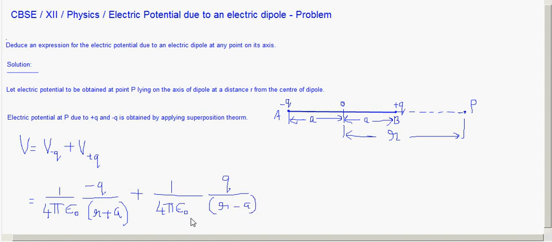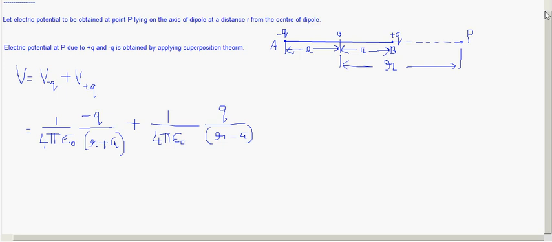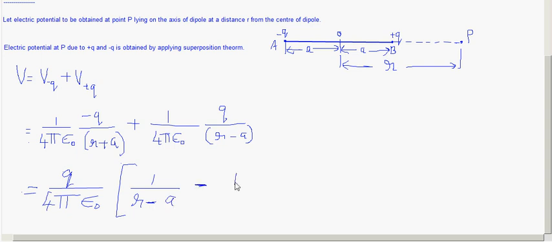Now you simplify this equation, and we will get the potential at point P on the axis of the dipole. Take out 1 by 4 pi epsilon naught outside because it is common, and you can take q also outside: 1 divided by r minus a, minus 1 by r plus a.